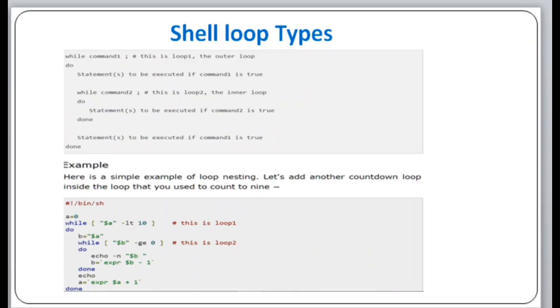So here's an example of shell loop types. I know this is kind of hard to see, but it says while command 1. This is loop 1, the outer loop. Do statement to be executed if command 1 is true. So while this is true, do this. And while command 2 is true, do this.